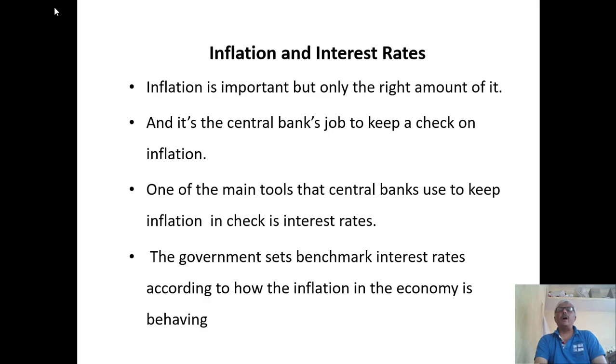As a result, the government is going to fix the rate of interest. It is a kind of challenge for a central bank, according to how inflation in the economy is behaving. So to see why this benchmark is being fixed, how inflation is behaving based on the situation, the rate of interest is fixed by the government. That is the way we need to understand it.